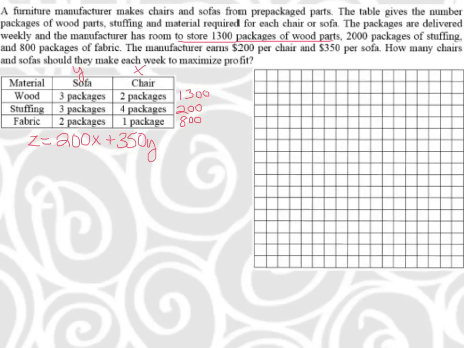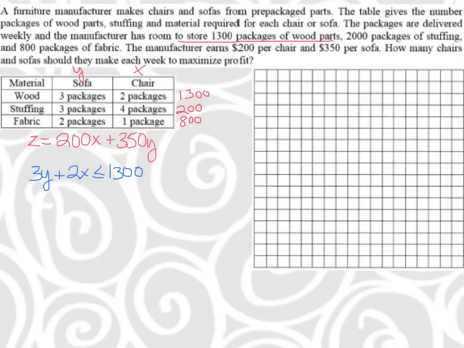And so then let's come up with our equations for that. So the constraints look like it would be 3y plus 2x for the wood. Actually that does not equal, let's get rid of that. There's not space to store more than 1,300, so we want to make sure that's less than or equal to 1,300.